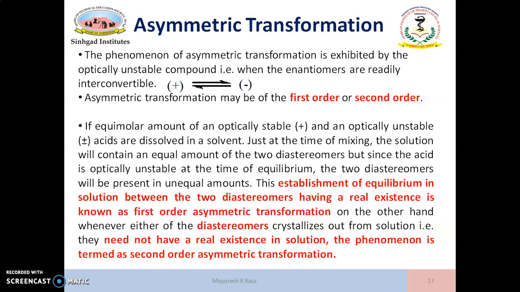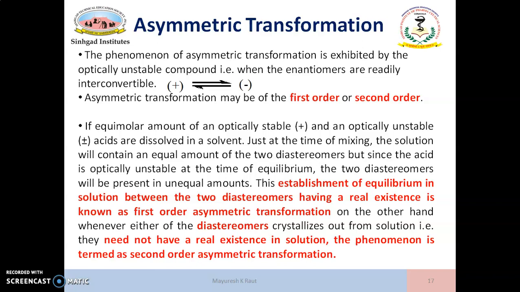If equimolar amount of optically stable and optically unstable acids are dissolved in a solvent, just at the time of mixing, the solution will contain equal amount of two diastereomers, but since the acid is optically unstable, at the time of equilibrium, the two diastereomers will be present in unequal amounts.